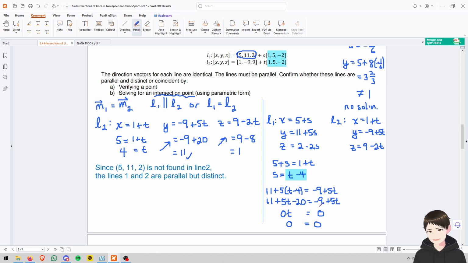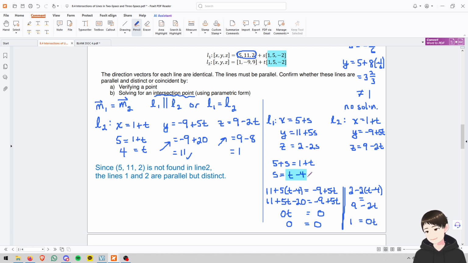What does that mean? Well, let's keep going. Let's pretend we don't know what it means. If I plug in for z, 2 minus 2s is the same as 9 minus 2t. You work it out, and you will end up getting 1 equals 0t. In other words, 1 equals 0.